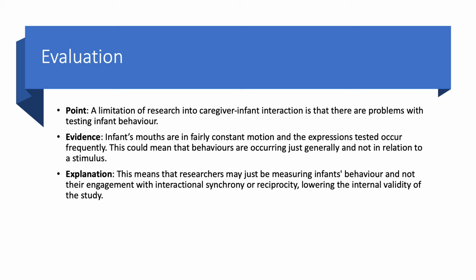So there in the explanation, I've got an evaluation issue, so validity, and I've also related it back to what we're actually evaluating, which is interactional synchrony and reciprocity. However, how did Meltzoff and Moore combat this? So how did they increase their internal validity and their reliability?